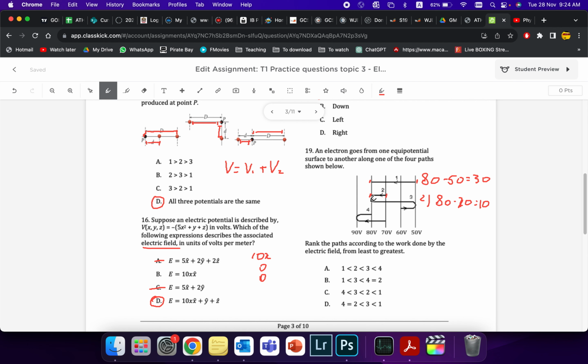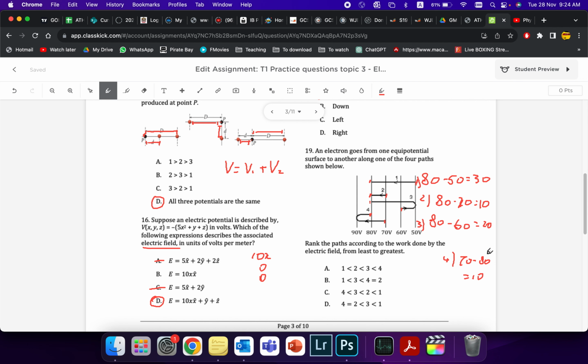Number 3, so starting here and finishing here. So final is 80 minus 60. I'm just going to write 80 minus 60, and this is for the third one. 80 minus 60 is 20, there is no 20 here, okay, fine. This one and this one, final and initial. Let's check. For 4, it's 70 minus 80, which is 10.